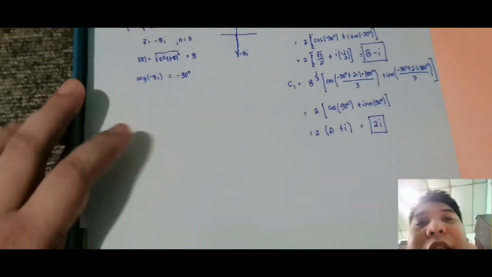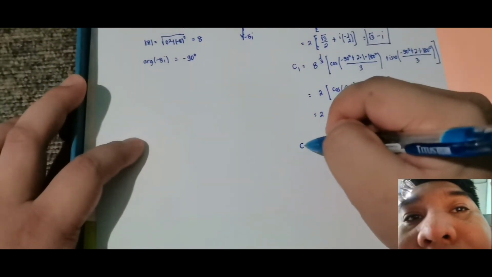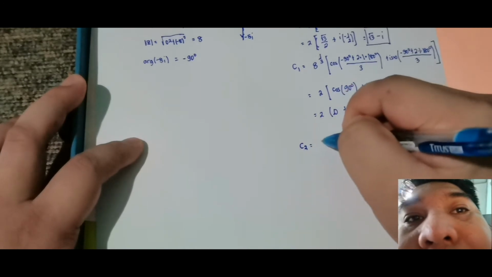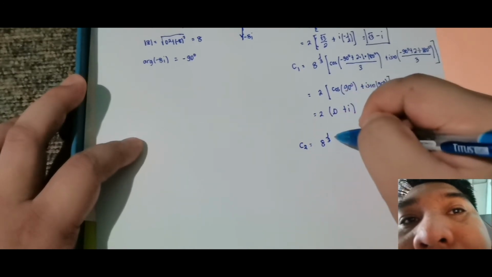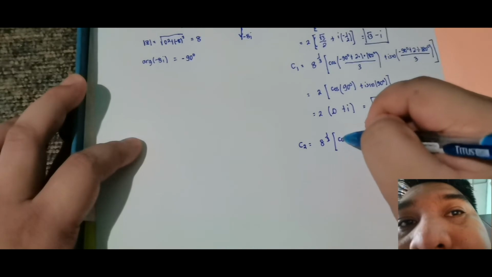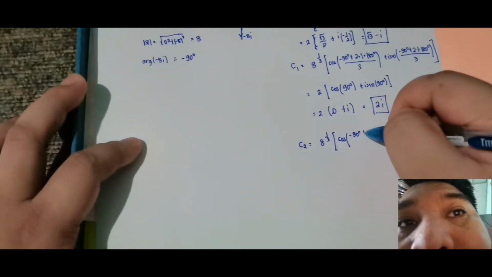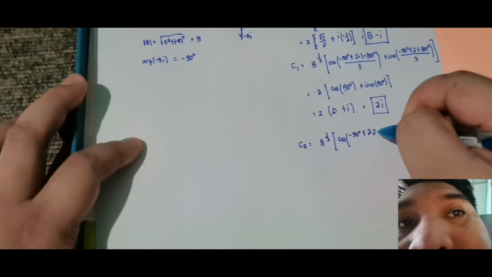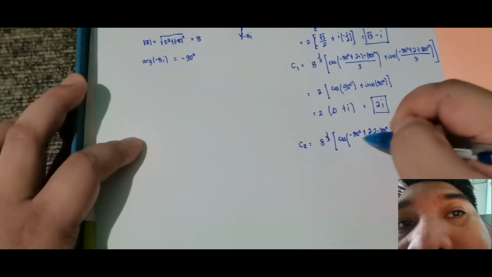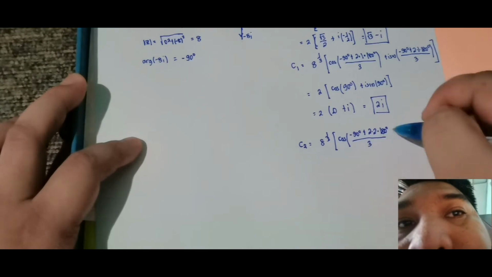Okay, lastly, C sub 2. Kasi alam mo cube root, tatlo yung value. So that is 8 raised to 1/3. Then that is cosine ng negative 90 degrees plus 2 times 2 times 180 degrees all over 3.